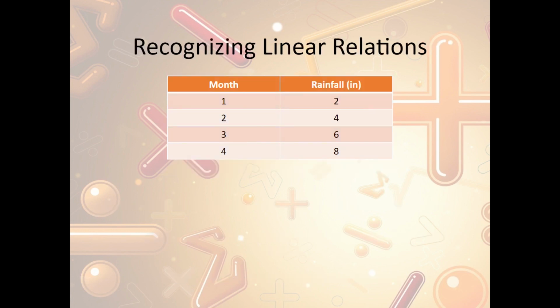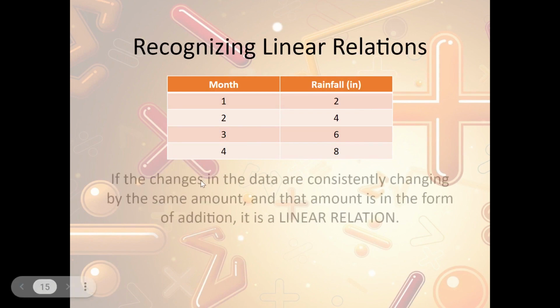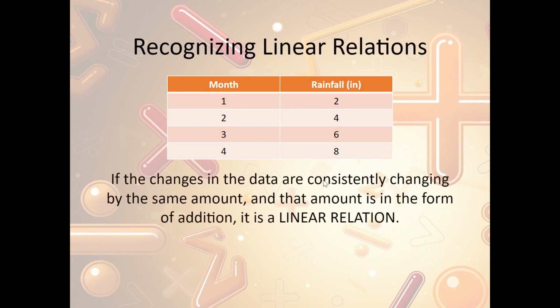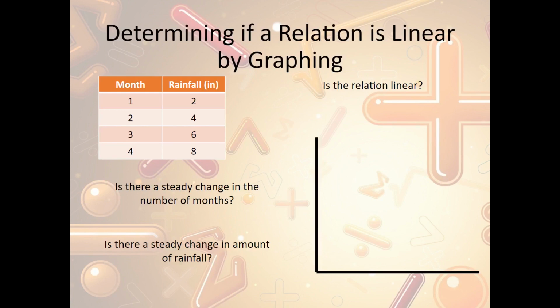Now from that, can we tell if these patterns are linear or not? Well, if the changes in the data are consistently changing by the same amount, and that amount is in the form of addition, it is a linear relation. So let's take a look at the table. So we have our months, and we look and see that there is a steady change. We're adding by 1 month each time.